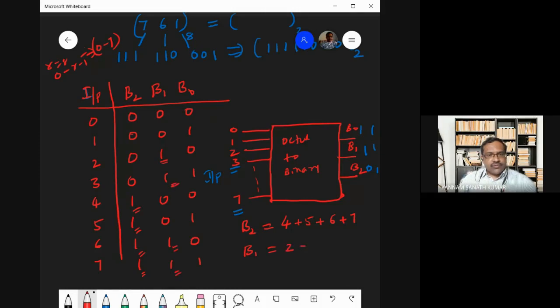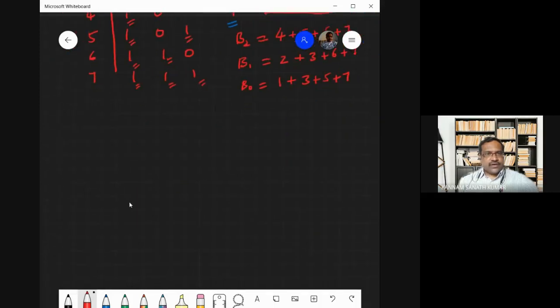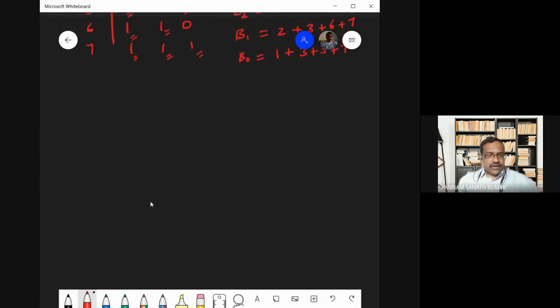And B0 equals what? Odd numbers have a one: 1 or 3 or 5 or 7. So you can get the expressions. Next you can draw the logic diagram. How many inputs do you have? Total you have 7 inputs.